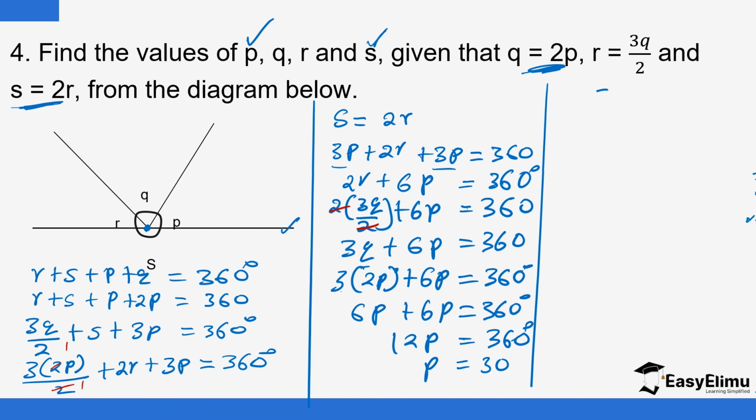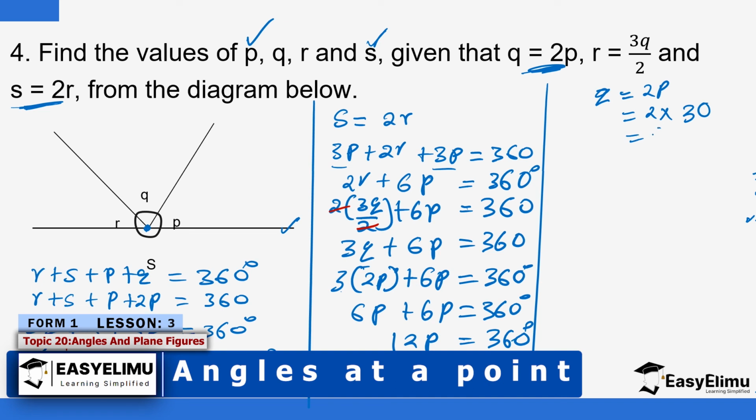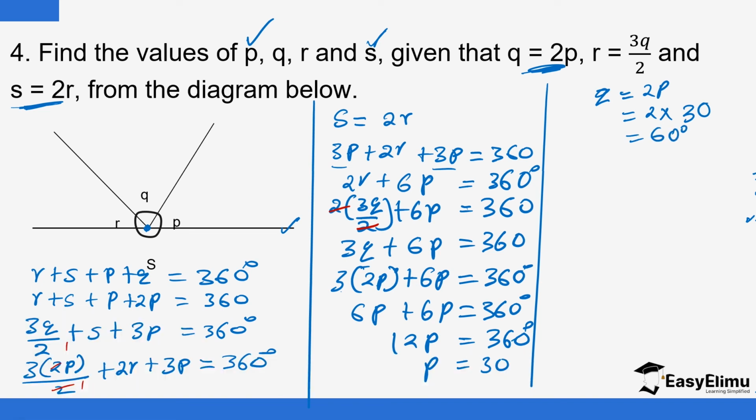Let me find Q. So Q is equal to 2P, so that is 2 by 30, which is 60 degrees. Then from there, we should be able to find R. R is equal to 3Q over 2, so 3 by 60 over 2, which is equal to 90 degrees.